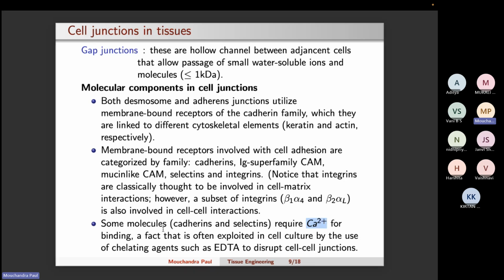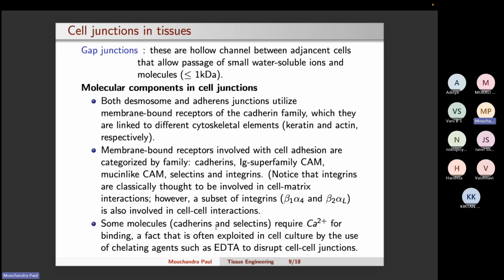Which is why during cell culture, we use a very important step called trypsinization, where we separate the cells from one another, meaning we break these cell junctions and create a single cell suspension, where each of the cells can be observed individually. So when doing that, we need to break these cell-cell junctions.